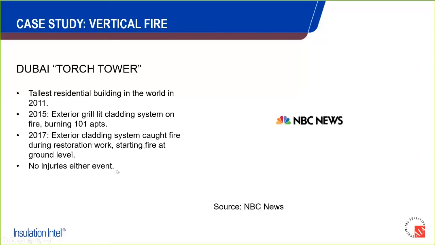The positive effect of this, and what makes it a successful test, is that no injuries were incurred in either event. So the egress systems, all the systems of the building, worked to allow the occupants to egress without harm.